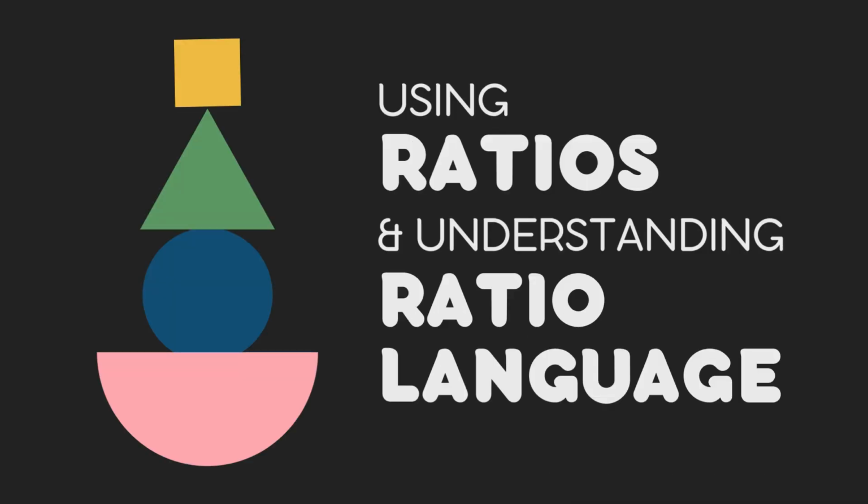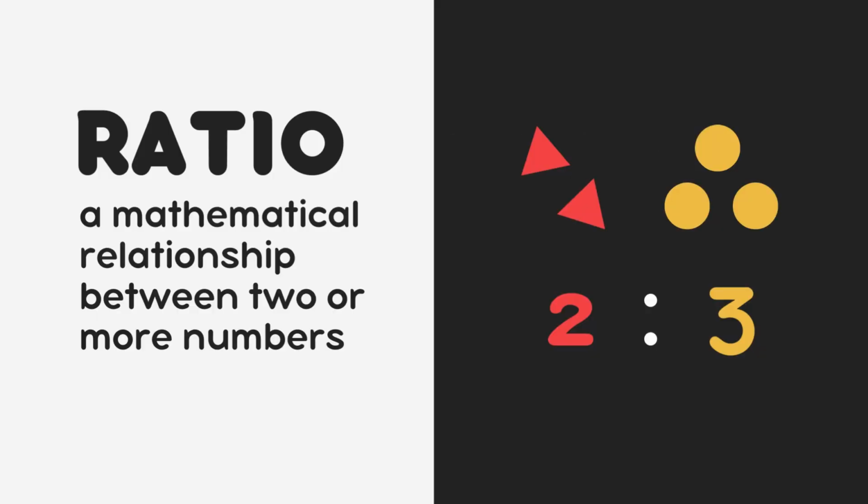The topic of the presentation is using ratios and understanding ratio language. As we can see on the slide, a ratio is a mathematical relationship between two or more numbers. We can see the example on the right.